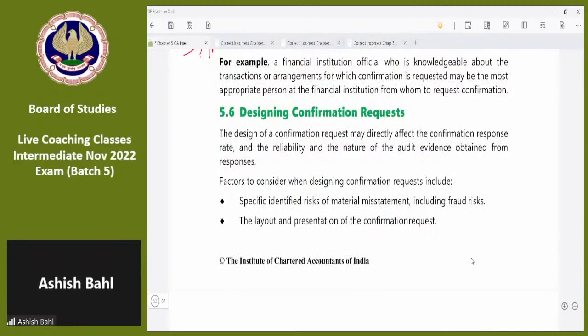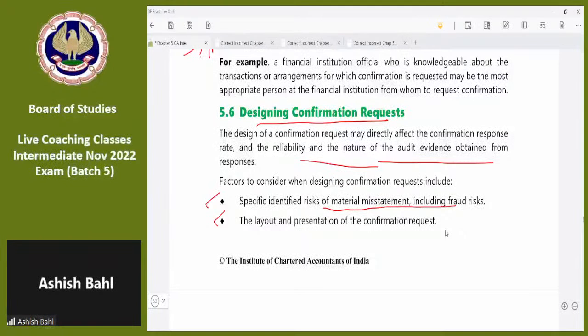Designing confirmation request. Designing means that it should be properly addressed. Okay. Proper layout and presentation. He has to assess whether there is a risk of fraud or misstatement.